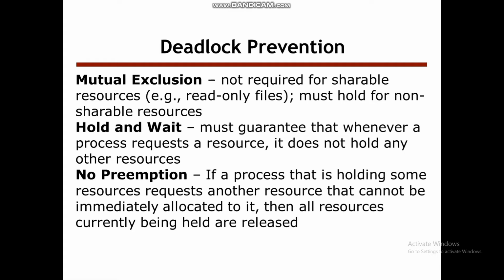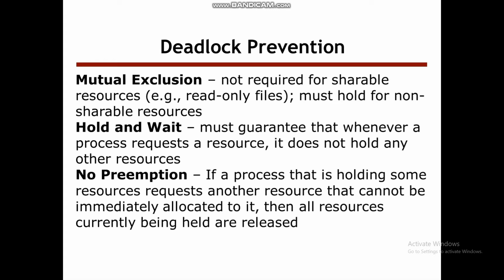First is mutual exclusion. What is mutual exclusion? That is, only one process can use a resource at a time, and the resources are not shared by a number of processes at a time.